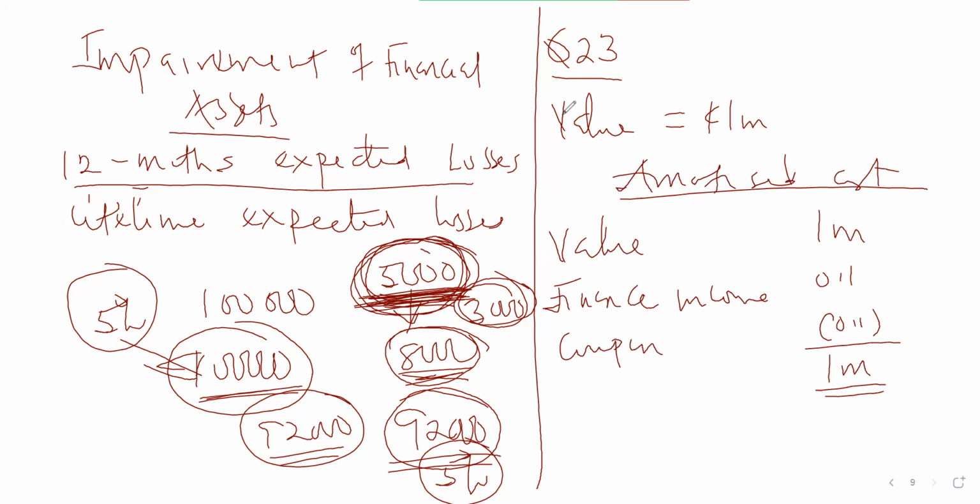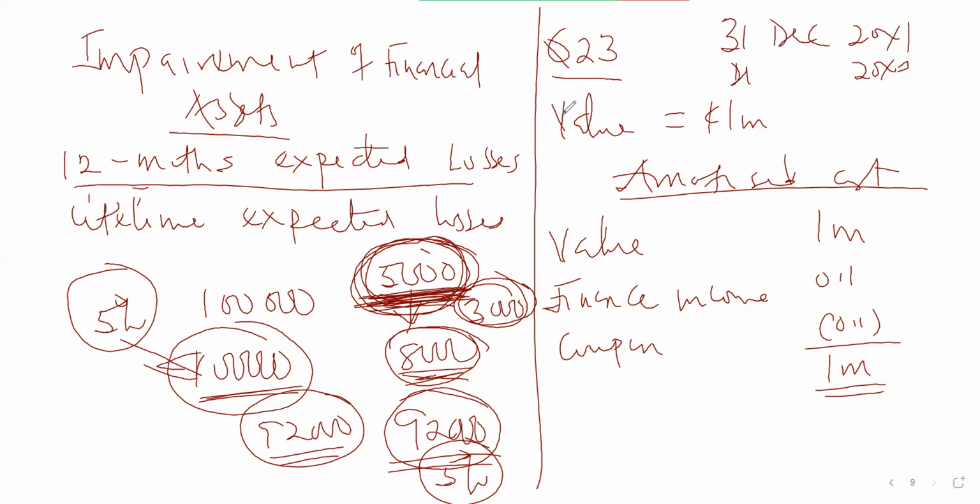So from 31 December 20X1 to 31 December 20X3, how many years is that? 3 years? Are you sure? That's 2 years.